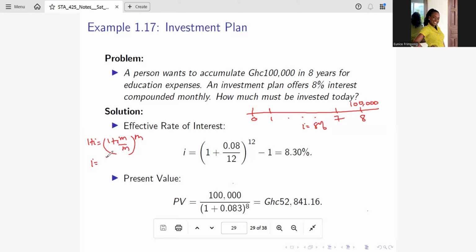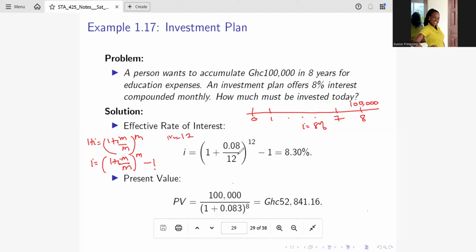Therefore, i equals 1 plus i upper m over m, raised to the power m, minus 1. So that i equals 1 plus i upper m, which is 0.08, divided by how many times in a year? 12, because it's being compounded monthly, all raised to the power m, where m is equal to 12.